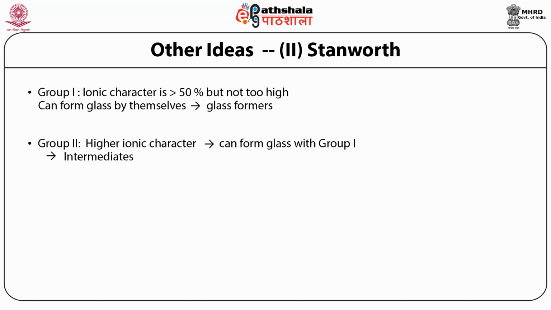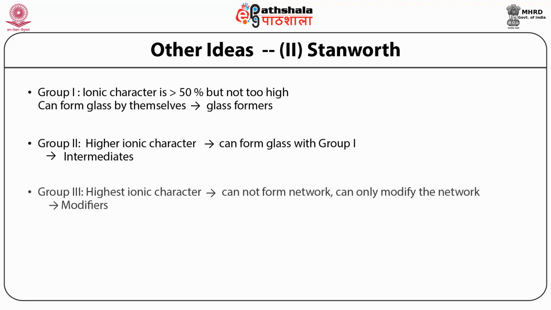They cannot form glass by themselves but can replace some cations in group 1, so they are known as intermediates. The cations in group 3, with still lower electronegativity, form highly ionic bonds with oxygen. They cannot form a network. They can act only as network modifiers if added to the network forming oxides. So these oxides are called modifiers.